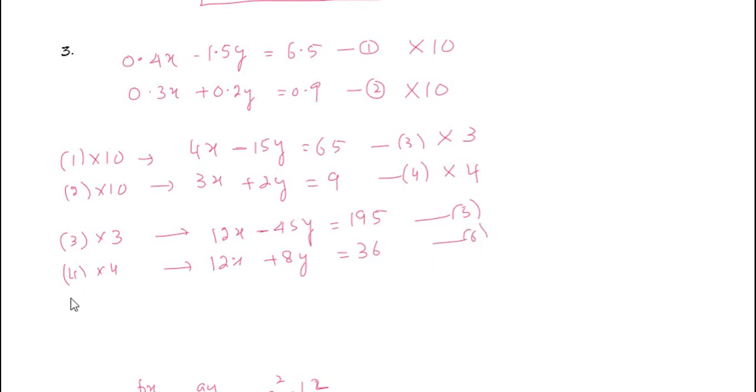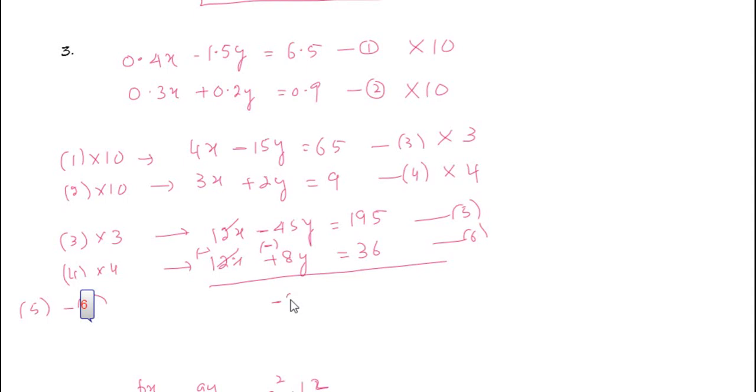Now equation 5 minus equation 6. When we do that, this becomes 12x, 12x cancels. This becomes -8y and -45y.